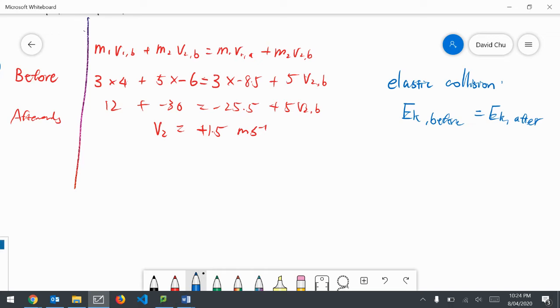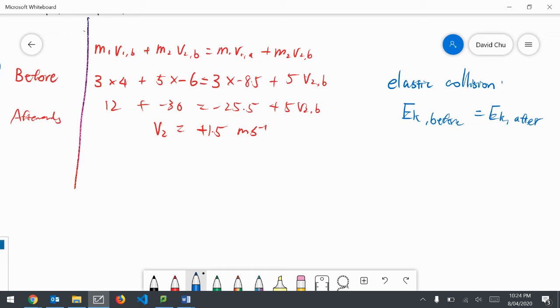Elastic means that you've had energy conservation. So even though we have momentum conservation, it doesn't actually mean that the energy is also going to be conserved. So we're going to check that now.